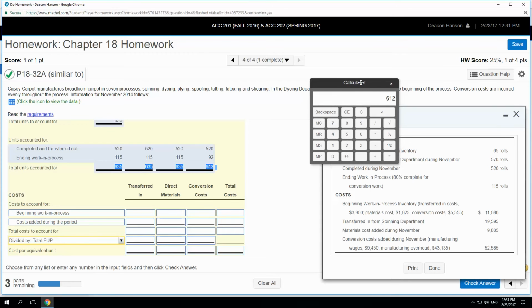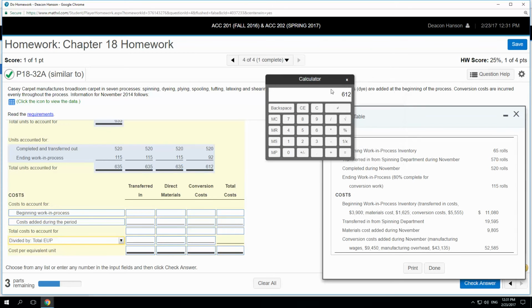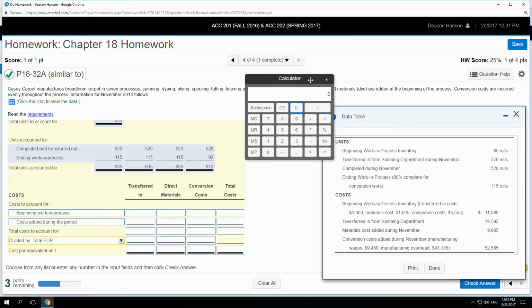So I can go right over to my data table, put this here where we can use it, and I'm going to be looking in this cost category. So it says beginning work in process inventory, and it breaks it down. So the transferred in cost in beginning work in process are $3,900.